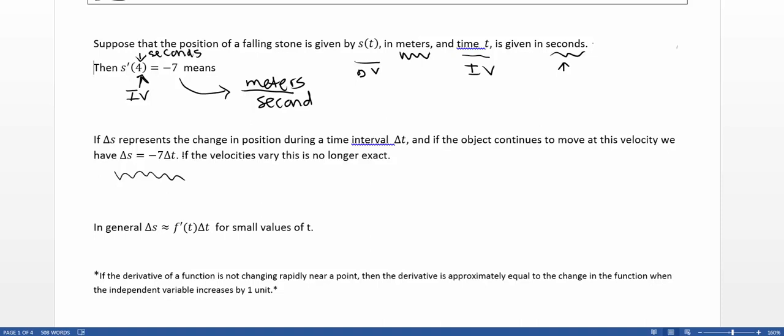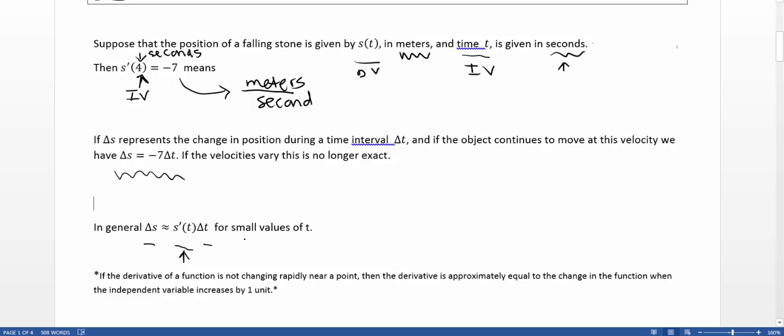So in general, we can write the change in position is approximately the derivative at that certain time times the change in time for small values of t. So in general, our change in position is going to be approximately the derivative, or the rate of change at which something is falling or moving, times the change in time for small values of t.